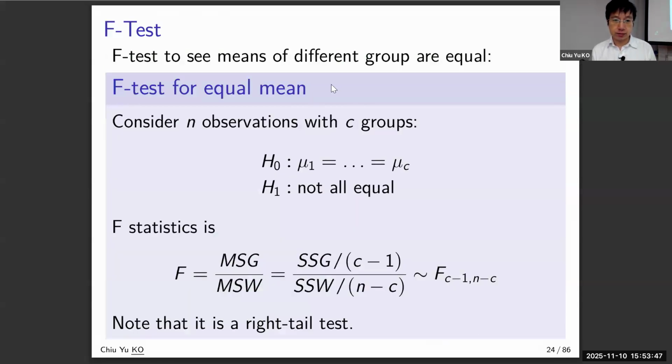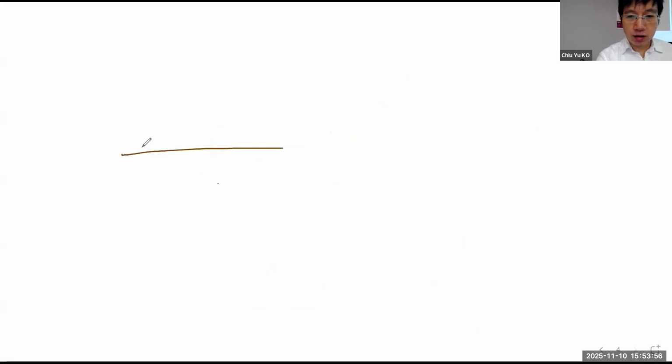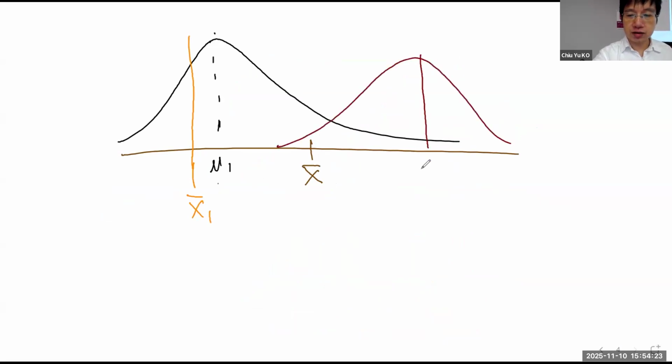The idea is the following. Let me open a little bit further. Remember, this is the problem. X bar here, this is the data. This is group 1, mu1, and for some reason your data have the X bar 1 here. And maybe another data set somewhere here, it's mu2, and you get the data maybe somewhere there, X bar 2.